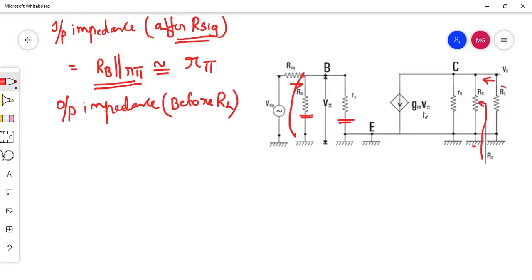Output impedance is taken before RL. So what resistances are there? RO we don't need to consider, as I told. So the only resistance coming before RL is RC. So the output impedance is RC. I think you got the idea regarding input impedance and output impedance. Let me clear the screen.